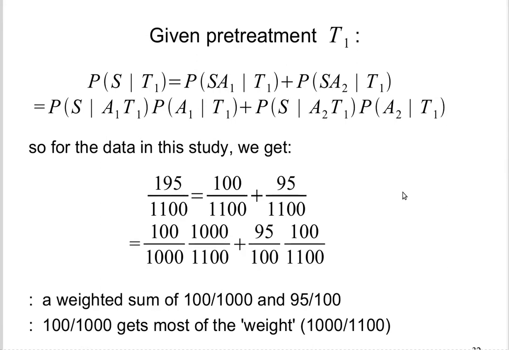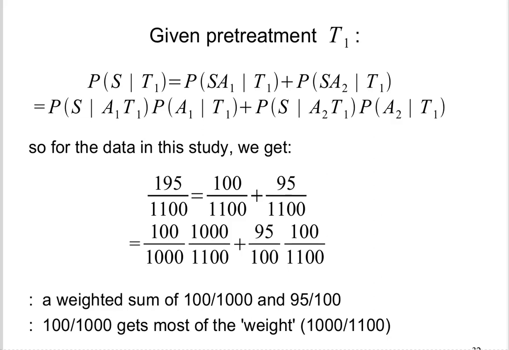Again, a little more of the technical here. It is now of value to interpret the estimate of the probability of success for those in pretreatment 1 as a weighted sum of two conditional probability estimates.